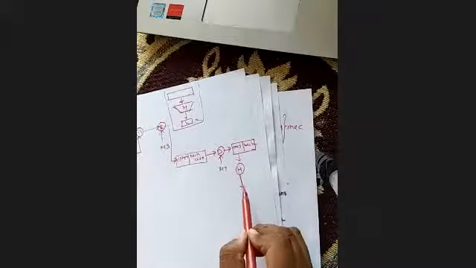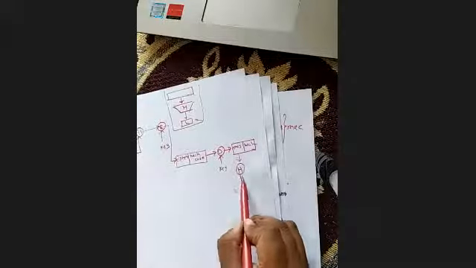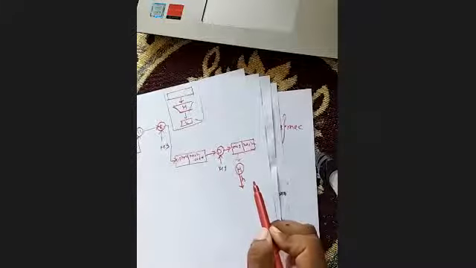Now the message bits will be transferred to the hash function. After this hash function, some values will be generated, so this is the generated hash code.